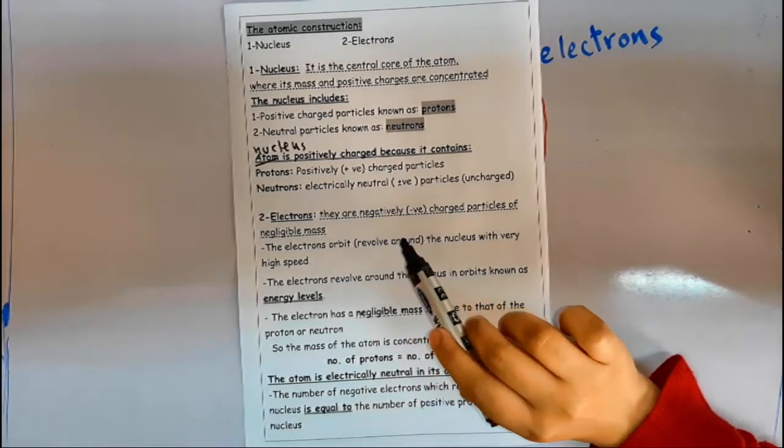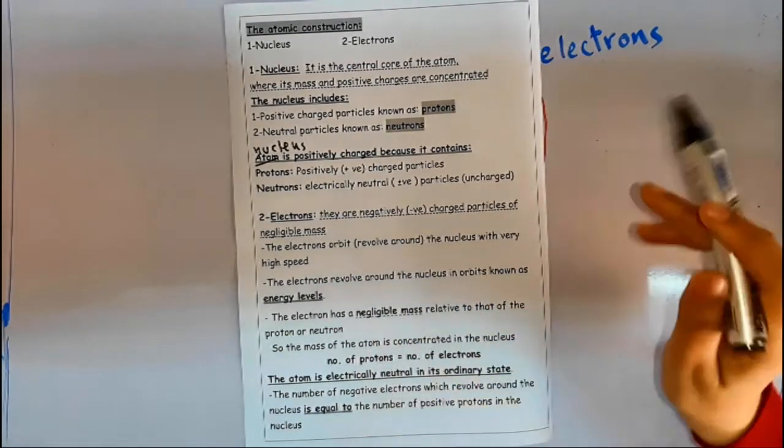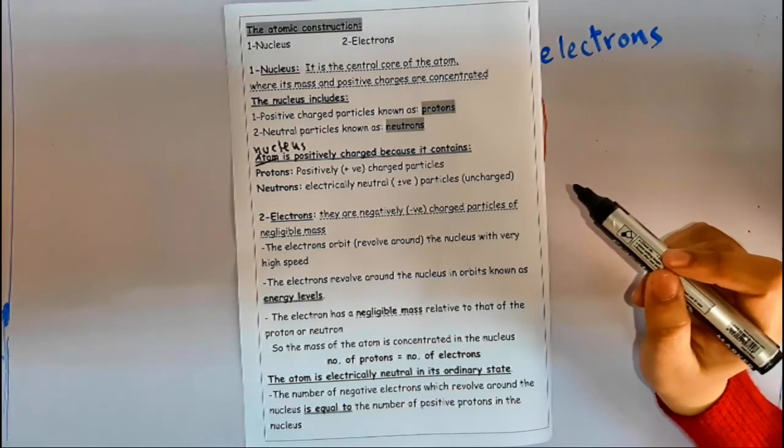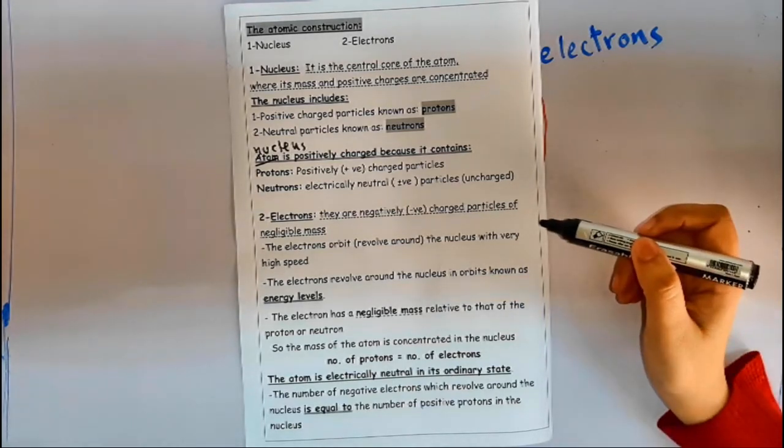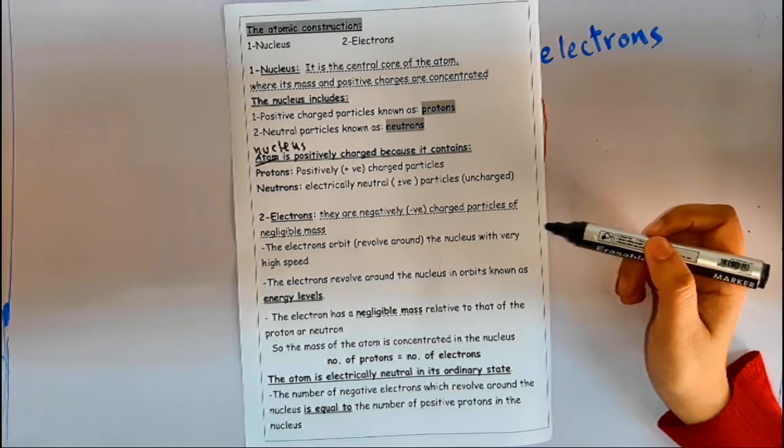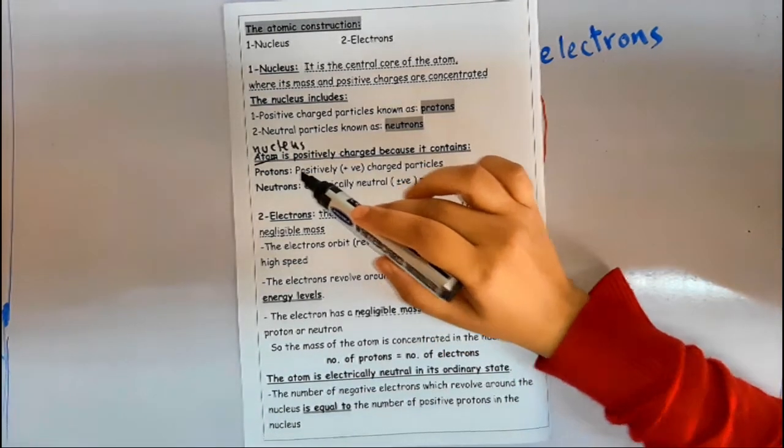Electrons are negatively charged particles. Those electrons which revolve around the nucleus are negative, and they have negligible mass. What is the meaning of negligible mass? Very, very small mass relative to neutrons and protons.